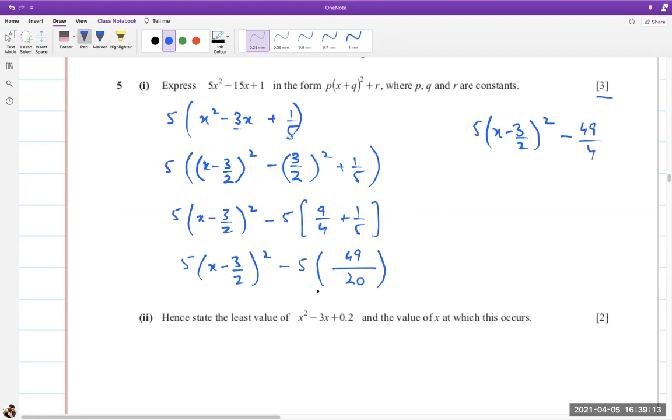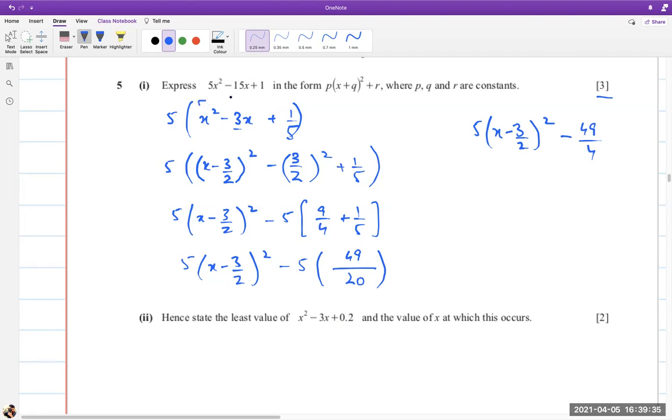Now they're saying state the least value of this and the value of x at which this occurs. Least value simply means that you have to find the turning point. Now if you notice this curve and that curve, what is the similarity here?